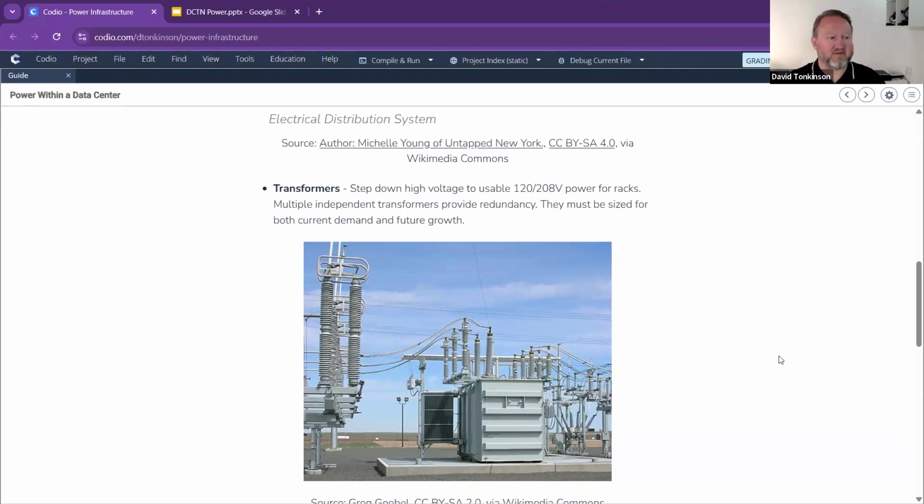You don't normally interact with it. Yeah, Hugo, you don't normally interact with your transformer. Patrick says, I suppose the power I'm currently getting comes from one. I suppose, yes.